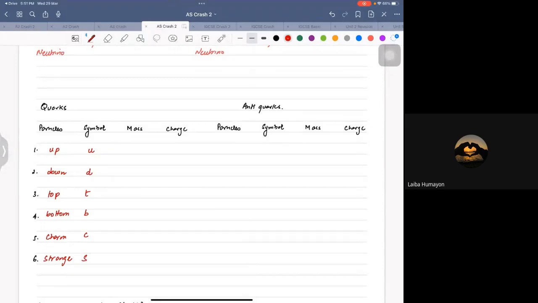The mass of every one of them is 1/3 u. u, just remember, is the relative mass. You already know how to convert it to kgs. And the charge of up is plus 2/3 e, down is negative 1/3 e, then plus 2/3 e, negative 1/3 e, plus 2/3 e, negative 1/3 e.